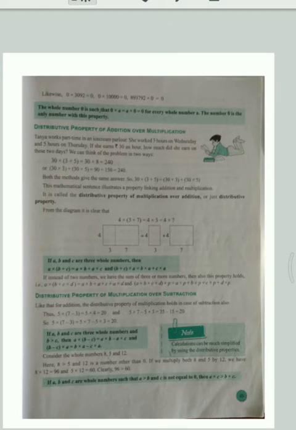Okay, she is working 3 hours on Wednesday and 5 hours on Thursday. If she earns 30 rupees an hour, how much did she earn on these 2 days? We can think of the problem in two ways.